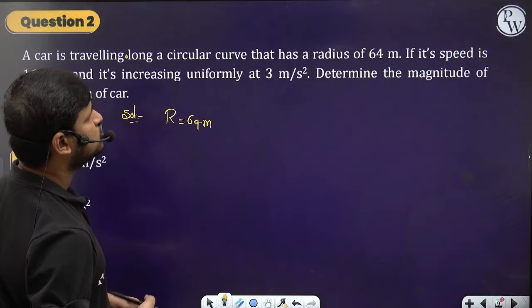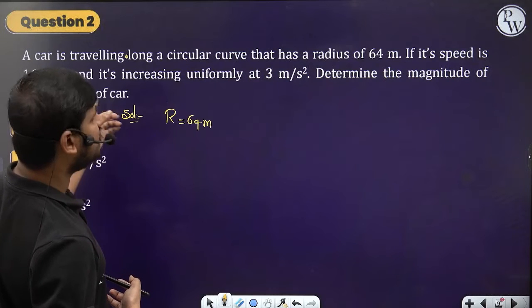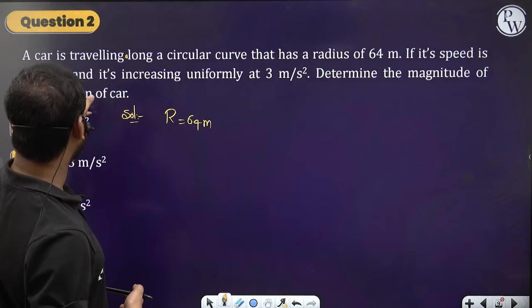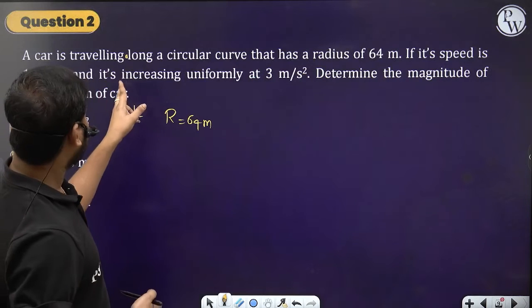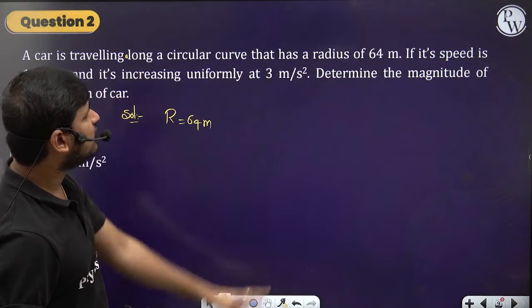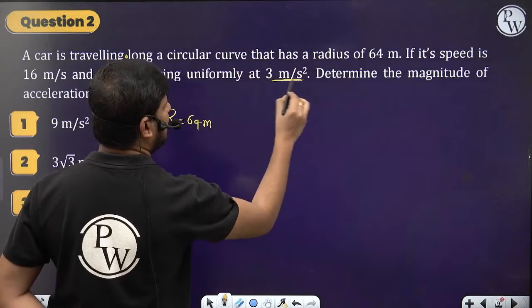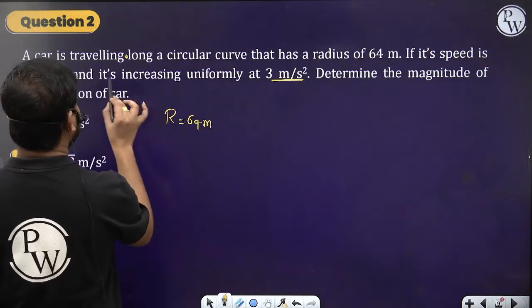See here, what they are saying is the magnitude of the acceleration of the car. Okay, fine. So its speed is 16 meter per second, the initial speed, and it's increasing at the uniform rate of 3 meter per second square. So what is this acceleration that is given? Its speed is increasing.